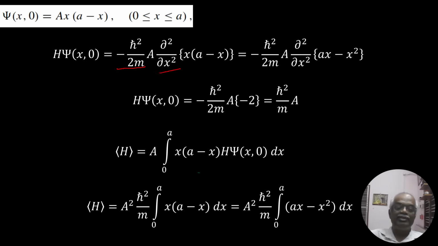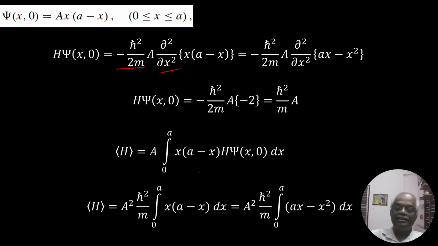Here we have taken the potential, of course, for the infinite square well, as 0, so we have taken only the kinetic energy term. Since A is constant, I am taking it out of the derivative. Now bring this x inside the bracket, then you will get ax minus x squared.